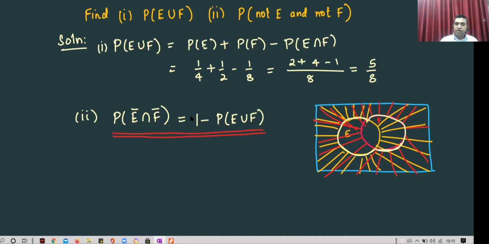Because it is actually n of S by n of S. That's why you'll get 1 minus. Probability of this entire region is 1. Okay. So therefore, P of not E intersection not F is 1 minus 5 upon 8, which is 3 upon 8.